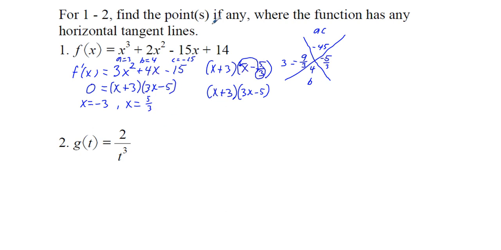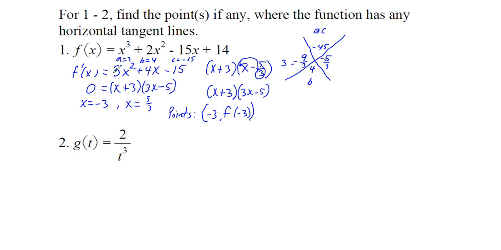And so it says find points, if any. So our point is going to be, okay, points, so I have 2 points. We're going to have negative 3, comma, I'm just going to call it f of negative 3. Okay, I'm being a little lazy.